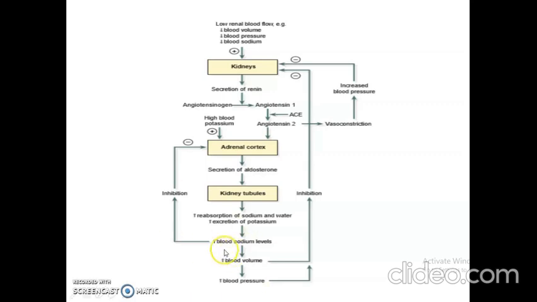Once the water level normalizes and sodium level normalizes, further there is no release of aldosterone from the adrenal cortex. This is the feedback mechanism of the release of renin as well as aldosterone.